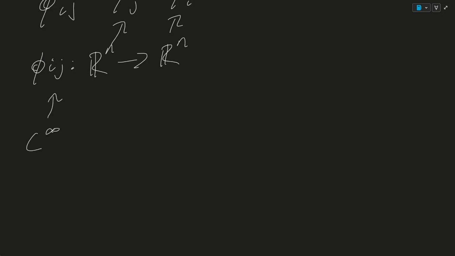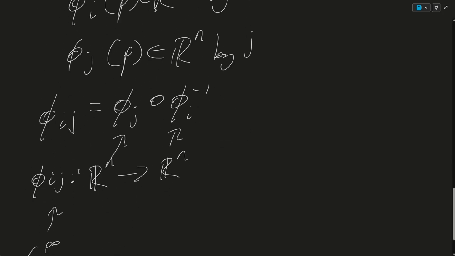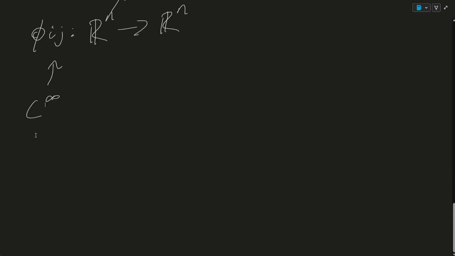If all of our transition functions in an atlas are smooth, we then call this manifold a smooth manifold. And the transition functions will be for any two observing points. And we can formalize this for overlapping charts.